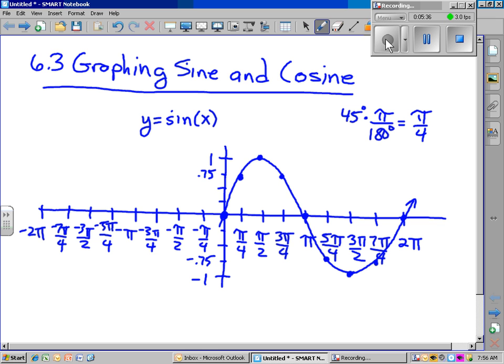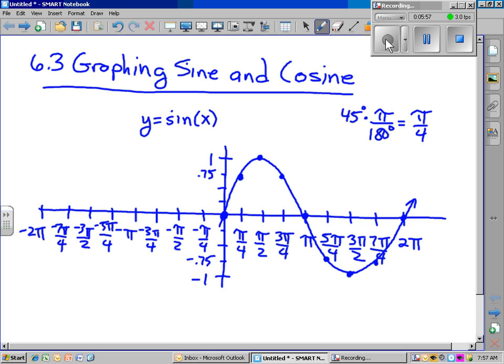Okay? Now that would be one period of the sine wave from 0 to 360, or 0 to 2 pi. That's the length of that pattern. And we're going to repeat that again. I want two pattern lengths, or two periods of the function.